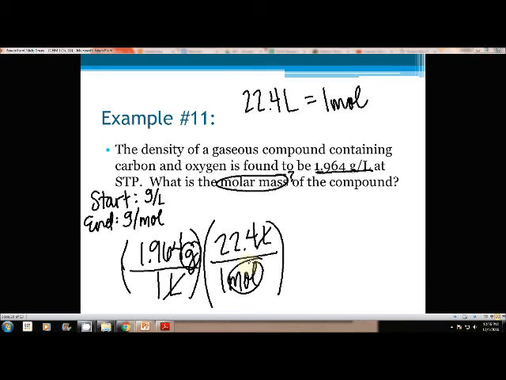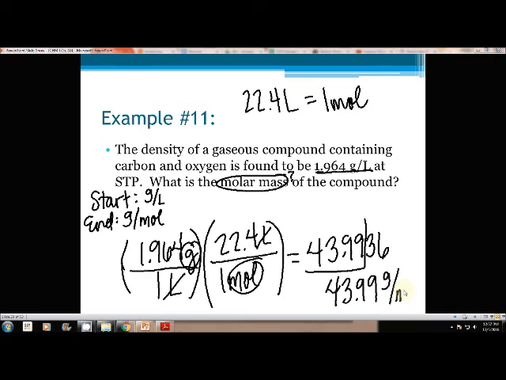When you multiply those, what do you get? You need to multiply. 43.9936. Perfect. How many sig figs do we round to? 4. So that answer will be 43.99, and then our unit is going to be grams per mole, because we need it in molar mass units.